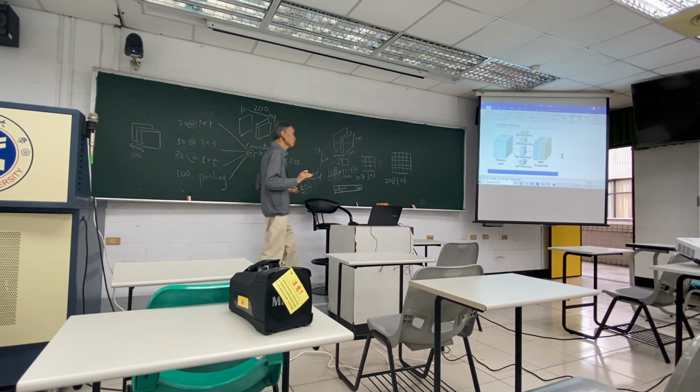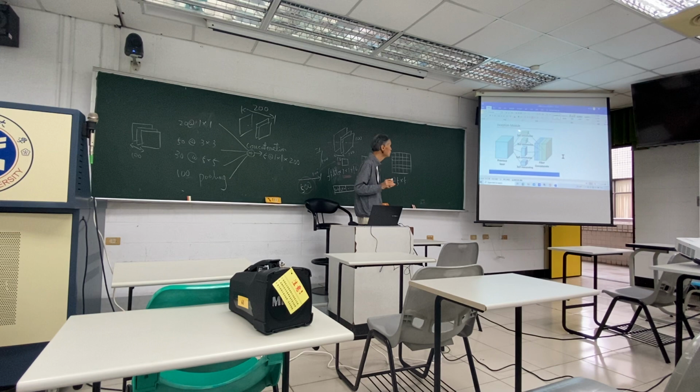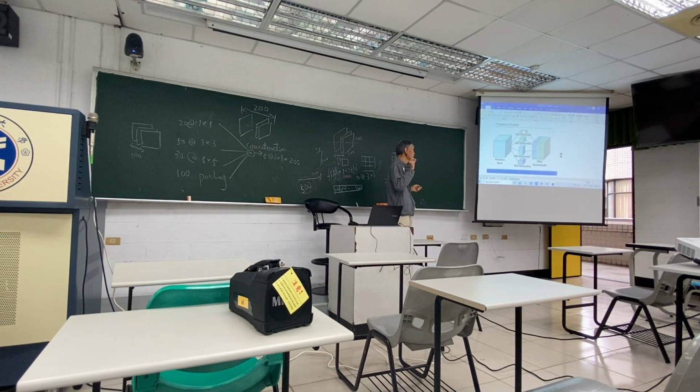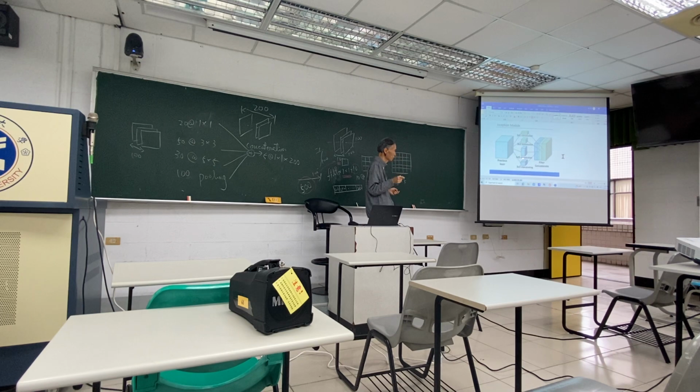So anyway, the inception allows you to extract features in a very small region, and also you can use a very large filter to represent some global features. That's the idea about inception.